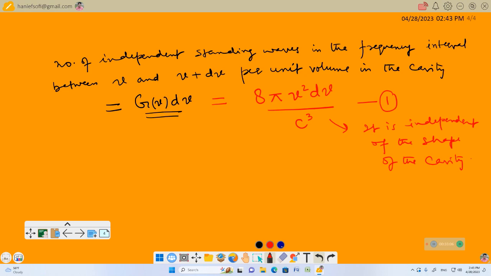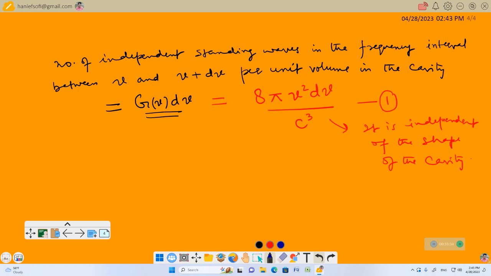You can see the pattern in this quantity. As nu increases, this quantity increases. So higher nu means shorter wavelength and the greater the number of possible standing waves.